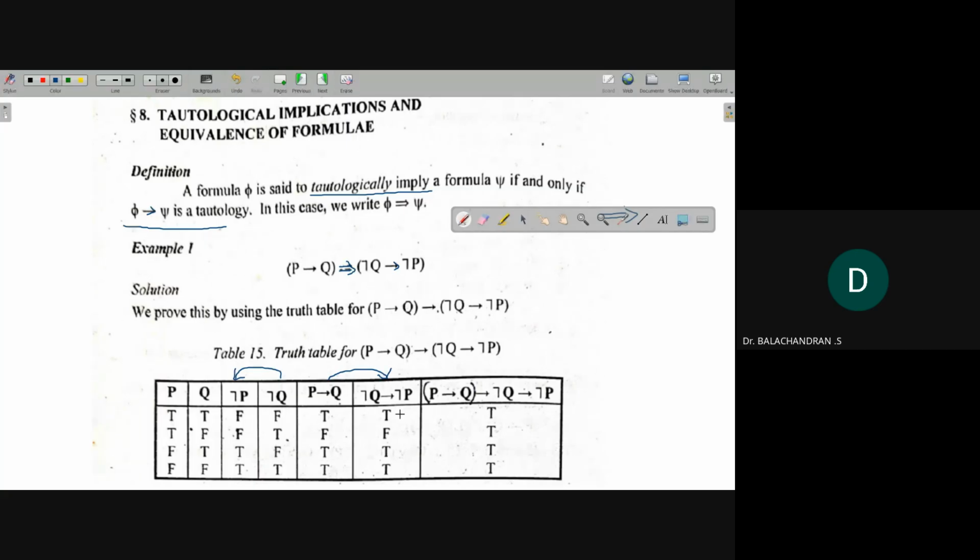Remaining all other cases, it is true. Next, the last one, P implies Q implies negation Q implies negation P. It is false only if the first is true and the second is false. Remaining all other cases, it is true. So every entry is true, and hence this is a tautology. Hence this tautologically implies this expression.